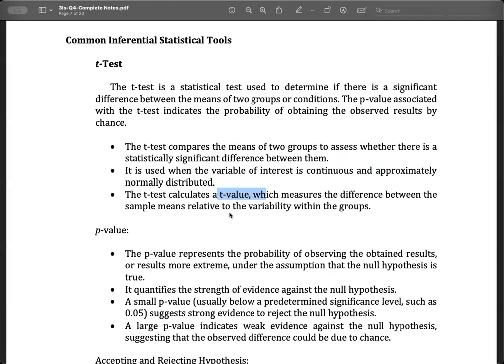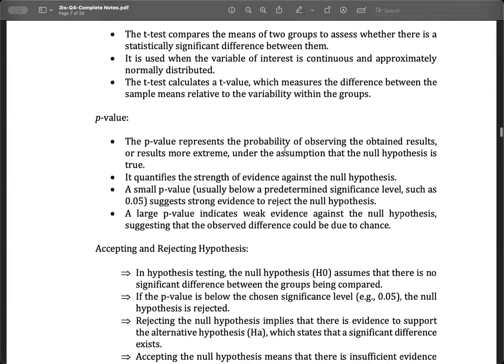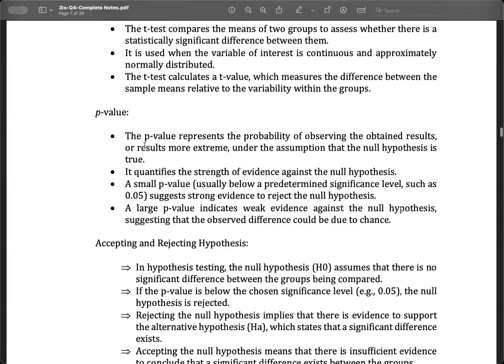And the p-value, okay, so we mentioned the p-value here. The p-value represents a probability of observing the observed results or results more extreme under the assumption that the null hypothesis is true. There. So remember that it quantifies the strength of evidence against the null hypothesis.